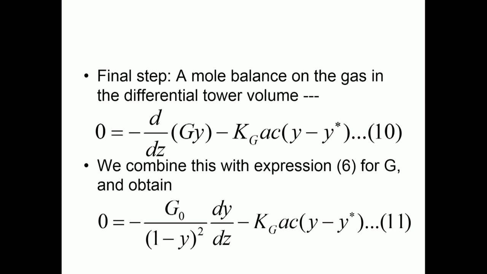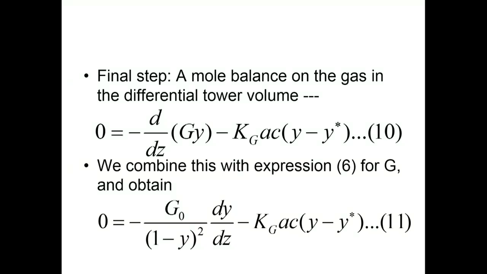So, we take care of minus (1 minus y) to the power minus 2 and then the 1 minus coming from here, dy. Ultimately it turns out that this sign remains unchanged. We have now G0 by (1 minus y) squared dy by dz. Now, put pen to paper, separate the variables and try to integrate.